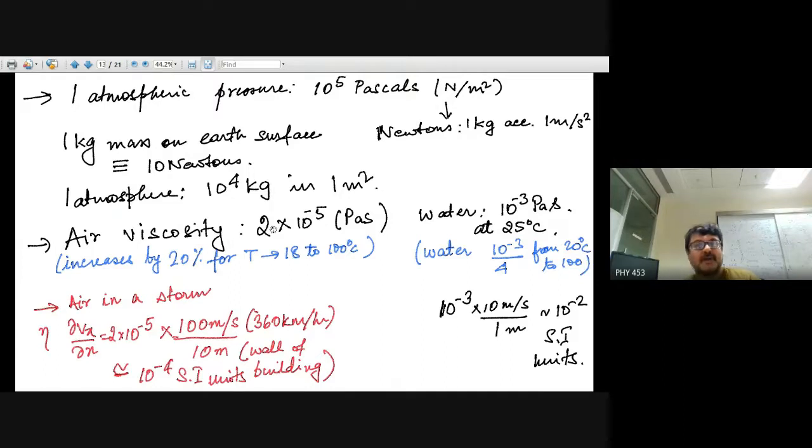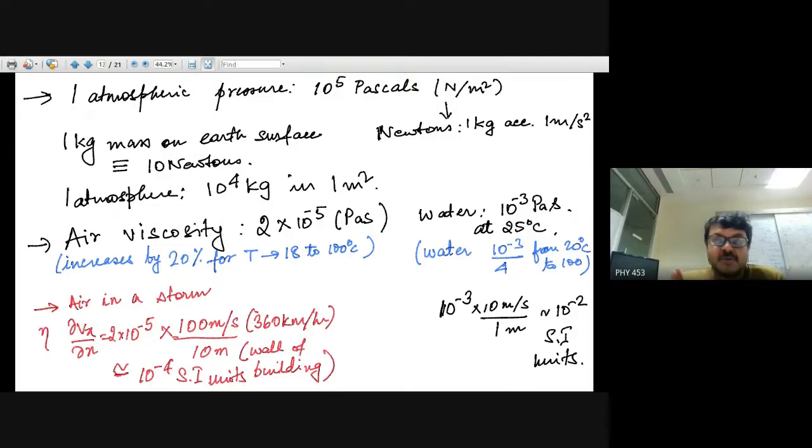So this would become something like 2.4 into 10 to the minus 5 Pascal second. Note, air viscosity increases with increase in temperature, water viscosity decreases with increase in temperature. And what is the reason? We'll discuss at the end of this lecture.